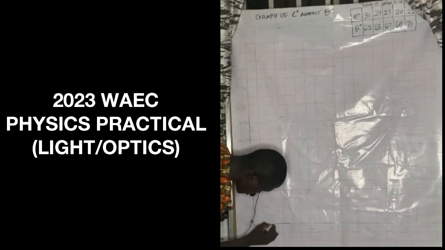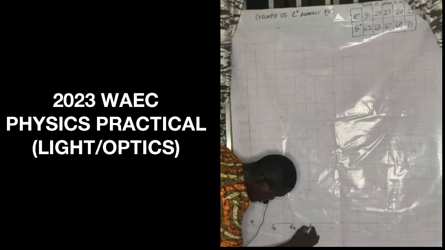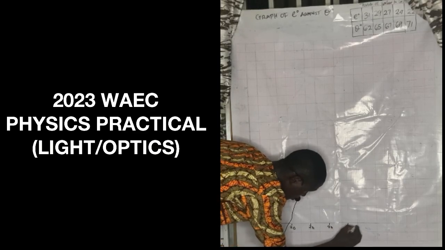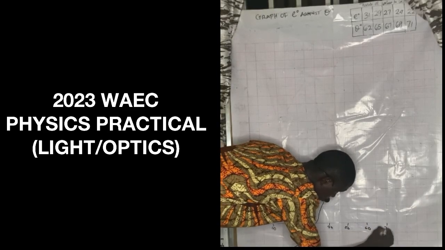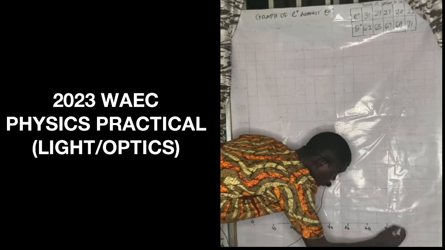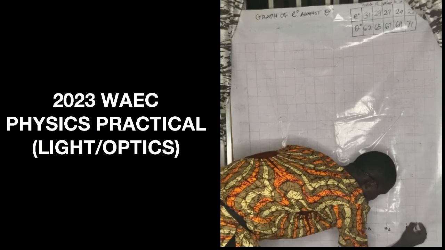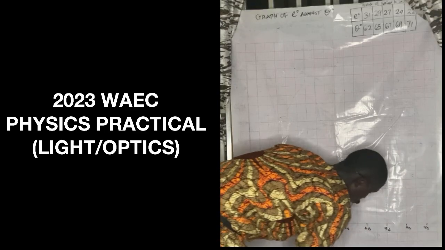So this one will be 10, 20, 30, 40, 50, 60, 70, 80, and there we have 90 in case.